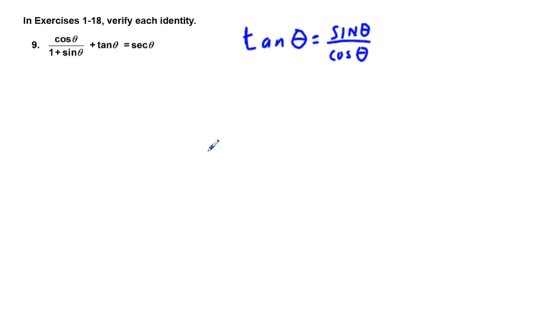So we're going to substitute and work on the left side to get it equal to the right side, we hope. The left term, cosine theta over 1 plus sine theta, just stays the same. But the next term, tangent theta, we're going to substitute with sine theta over cosine theta.